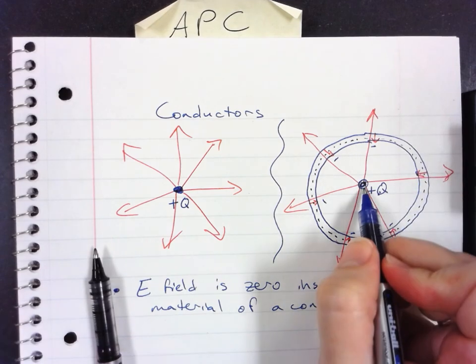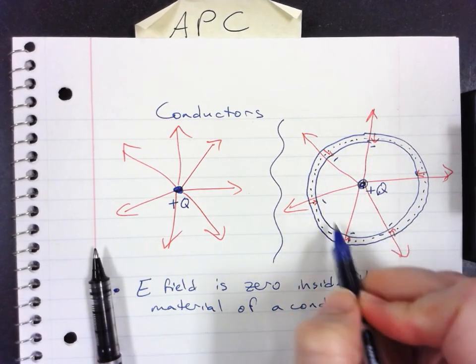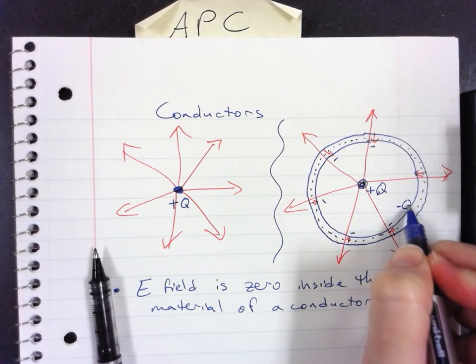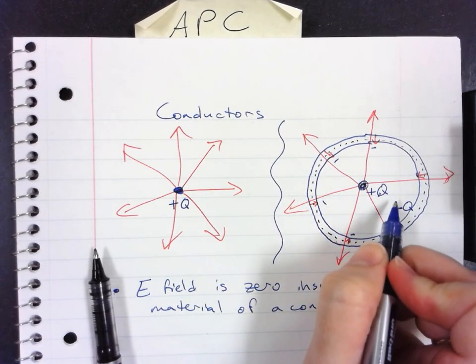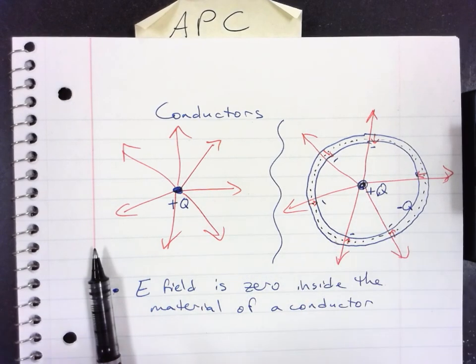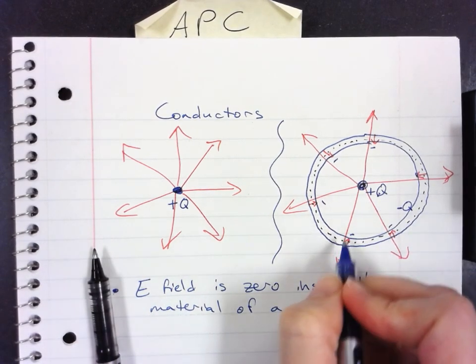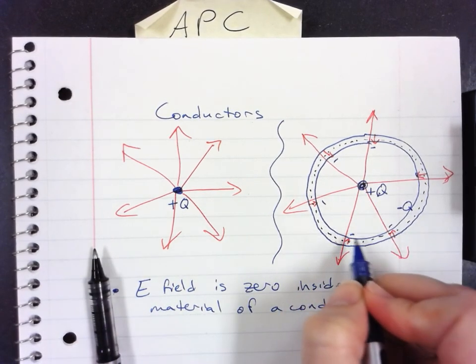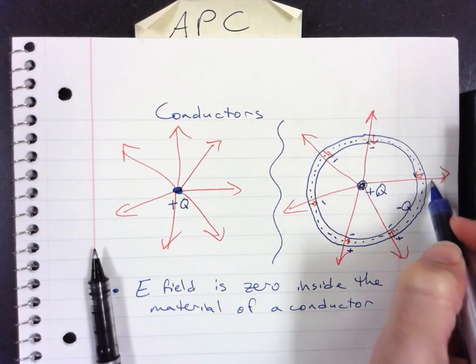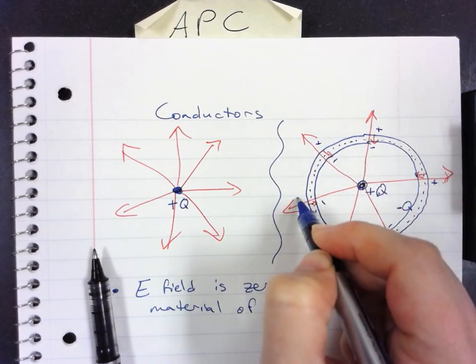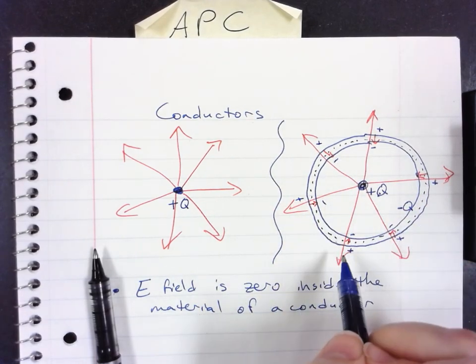So if this is positive Q here, this overall is negative Q, smeared out all over the surface, but negative Q, exactly equal and opposite. So then on the outside, it's missing electrons. And so if we put the little positive signs, but how many electrons is it missing?